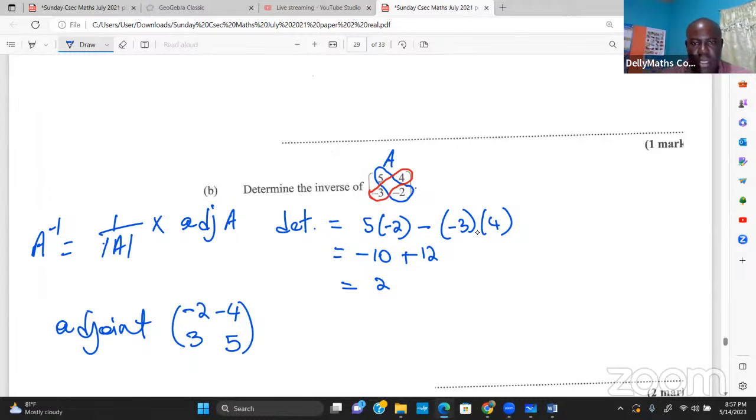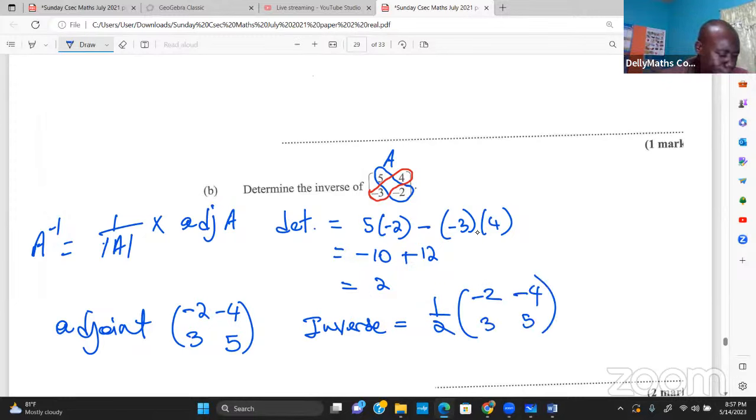So now the inverse is going to be 1 over 2 times the adjoint. And definitely that's the answer.